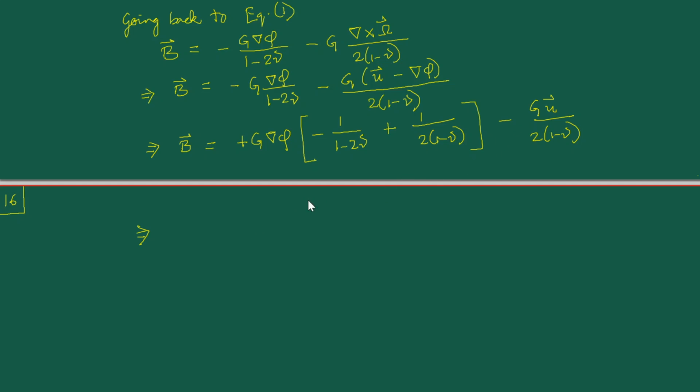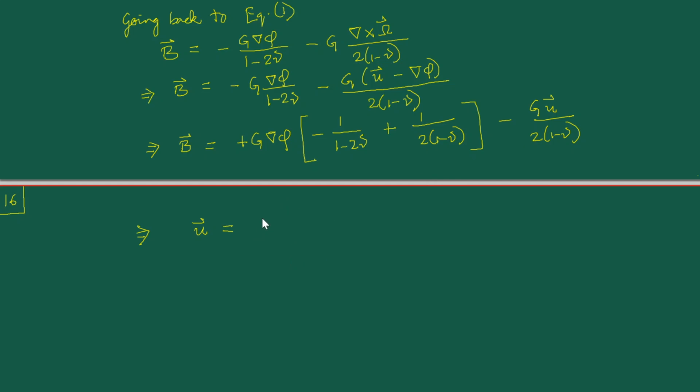If I do that and transpose this to the left hand side, I'm skipping a couple of steps, I hope you'll be able to follow along. Because I'm dividing by g, this term will go out, but I am multiplying by 2 into 1 minus nu.